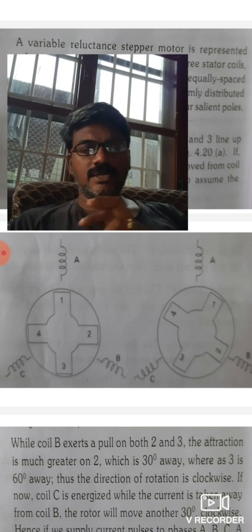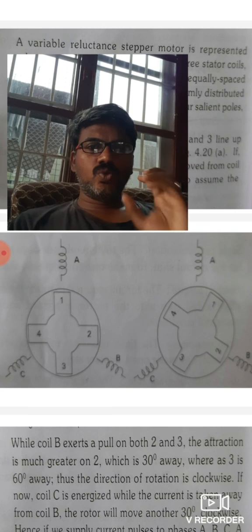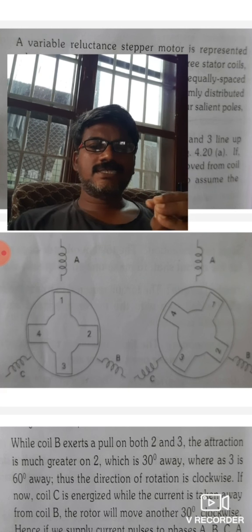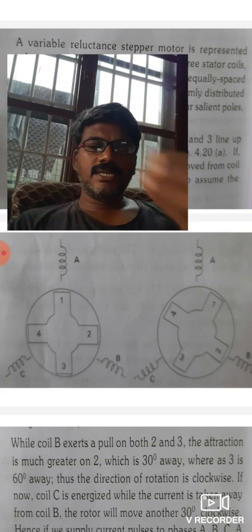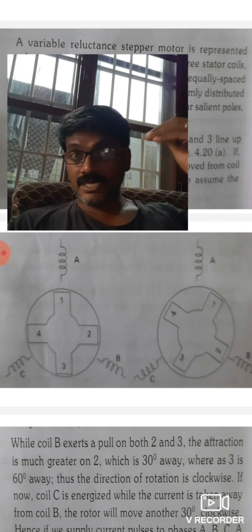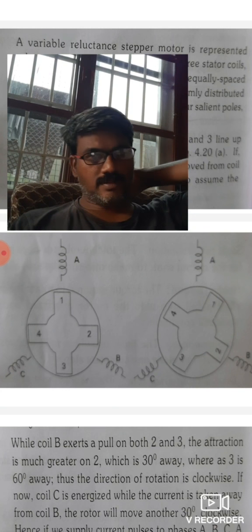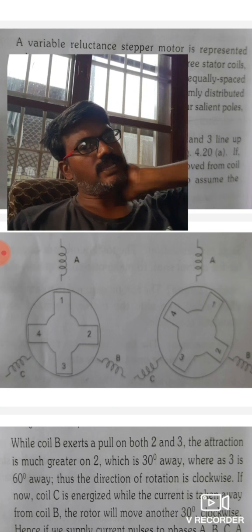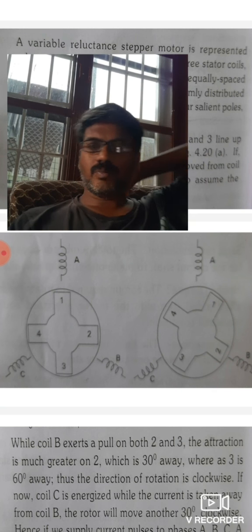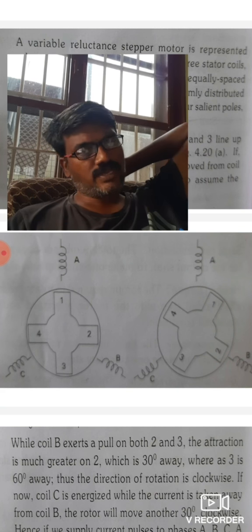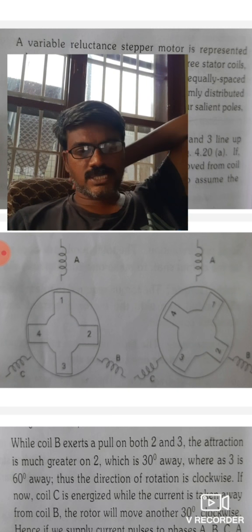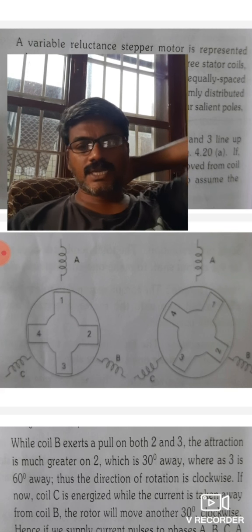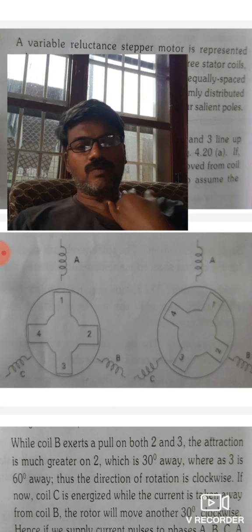I already told you that 2 is 30 degrees away, whereas 3 is 60 degrees away. Actually, B can pull the second pole and the third pole, but it only attracts the second pole, because it is 30 degrees away. Thus, the direction of rotation is the anti-clockwise direction.